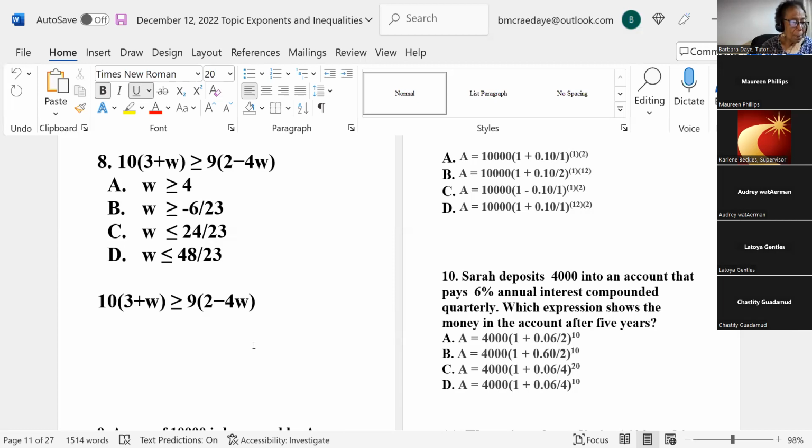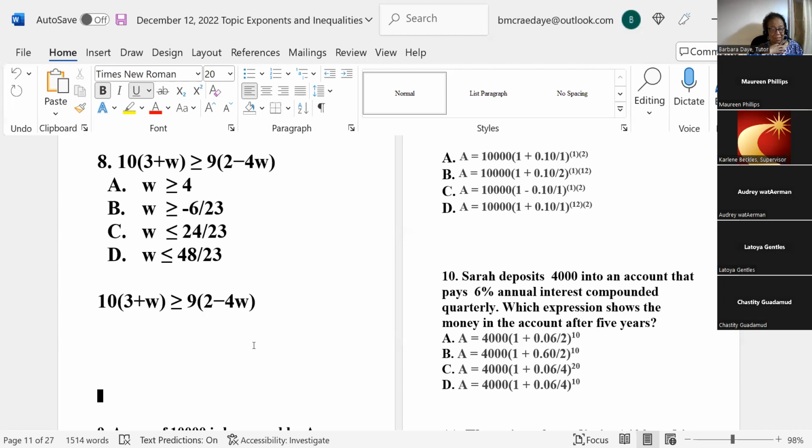I never saw inequalities like this type of math before. Oh, okay. But it's kind of common to do the distributing and then combine the like terms.